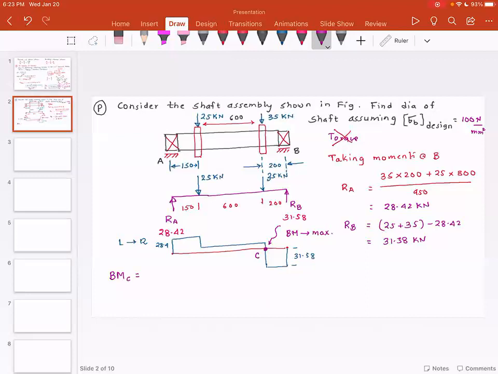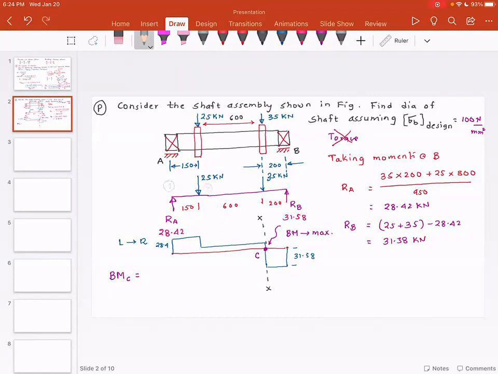And this bending moment can be found either by considering the moment of forces on the left of C or the moment of forces on the right of C. So quick recap, if you want to find the bending moment at C, you consider this section XX, and you can find the sum of the moments of the forces on the left of C, or the sum of the moments of the forces on the right of C. Now, on the left of C, there are two forces: force number 1 here, and force number 2.